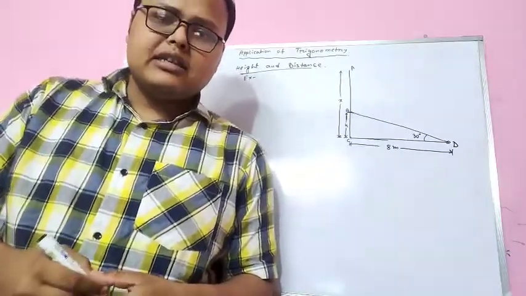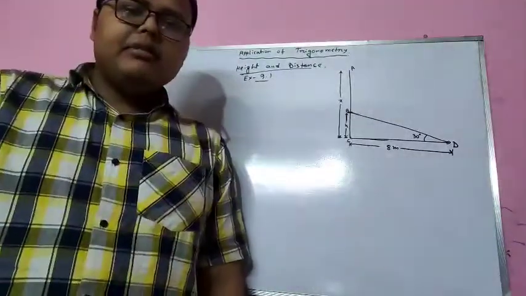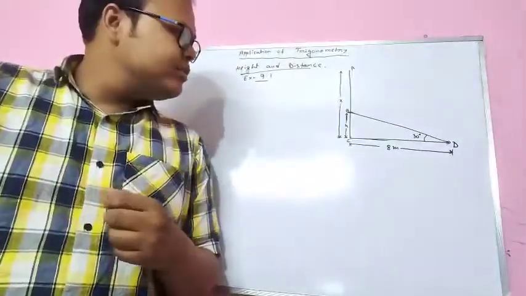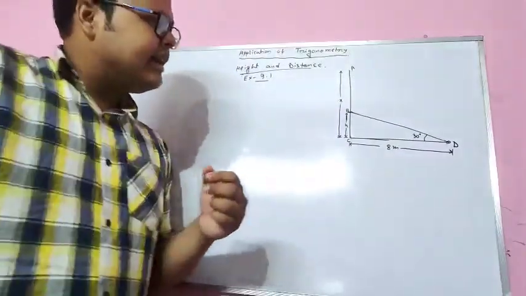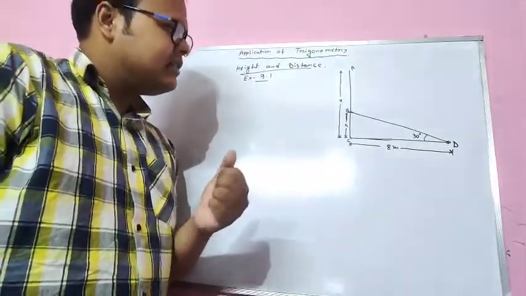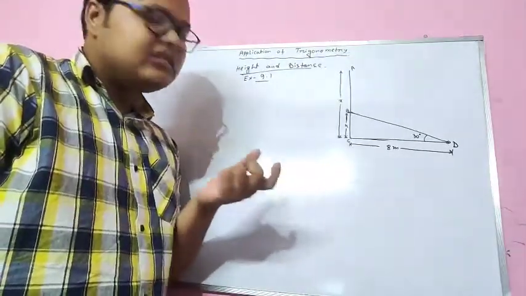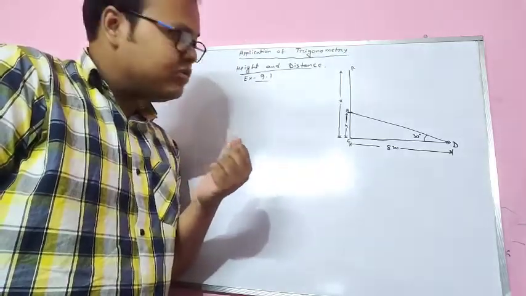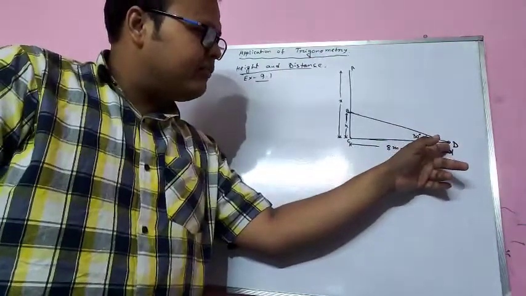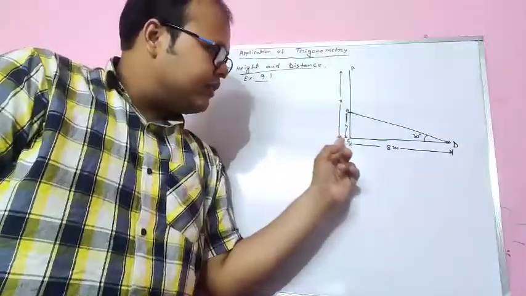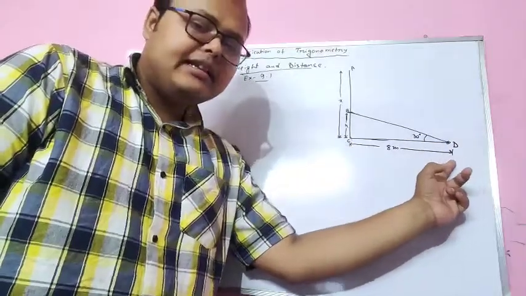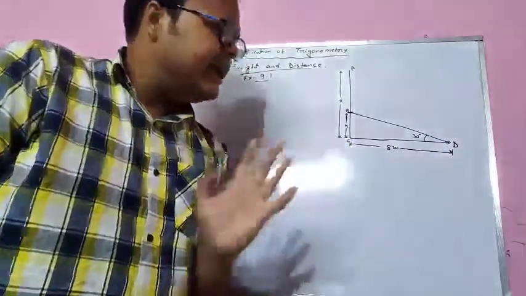We will understand the problems by solving the sums from the exercise. In the second sum of exercise 9.1 in your NCERT book, a tree has broken at a certain height. The height of the tree is not given to you. It bends and touches the ground, and from the foot of the tree to the point where it touches, the distance is 8 meter.